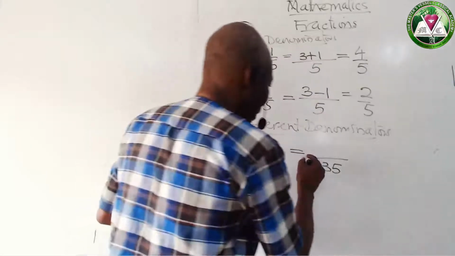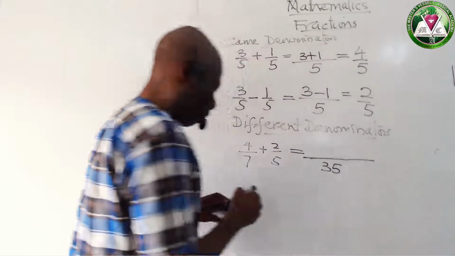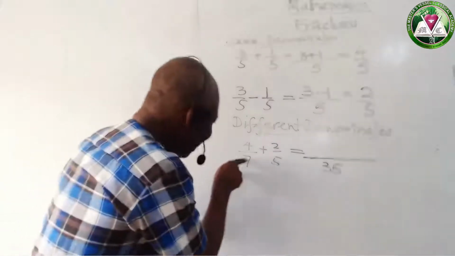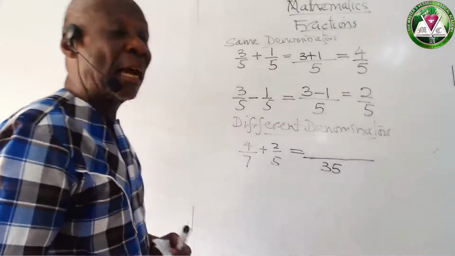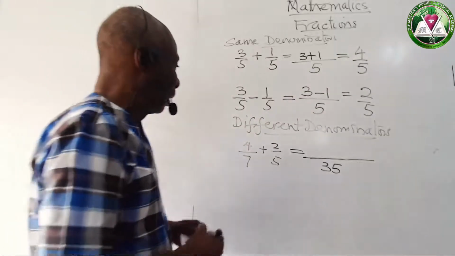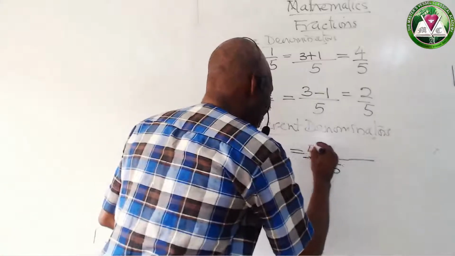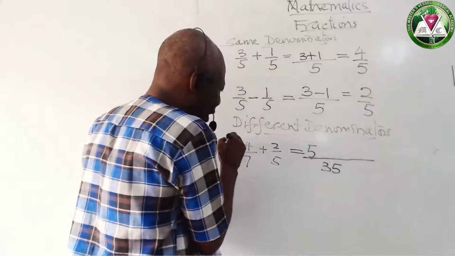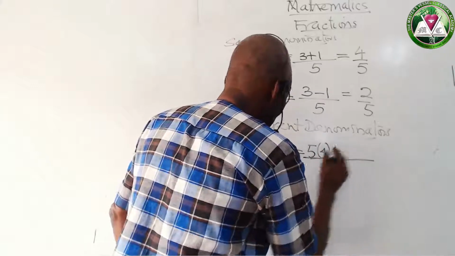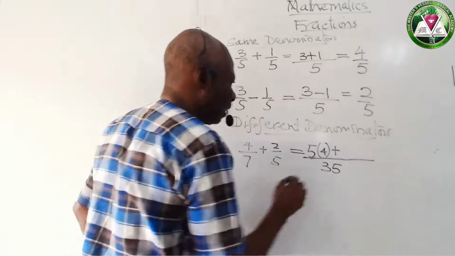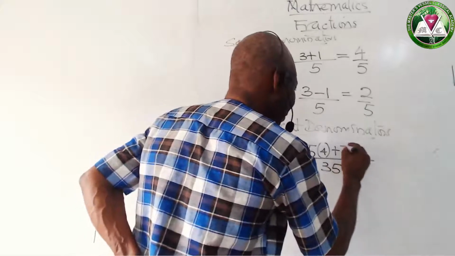Now watch it. This one is slightly different from the first. This denominator now will go inside there and tell us how many times, my friend, how many times did 7 go inside there? 5. You write that 5. But that 5 must multiply the numerator that was there before. 4. Plus. Then this 5 will go into this 35. How many times? 7.